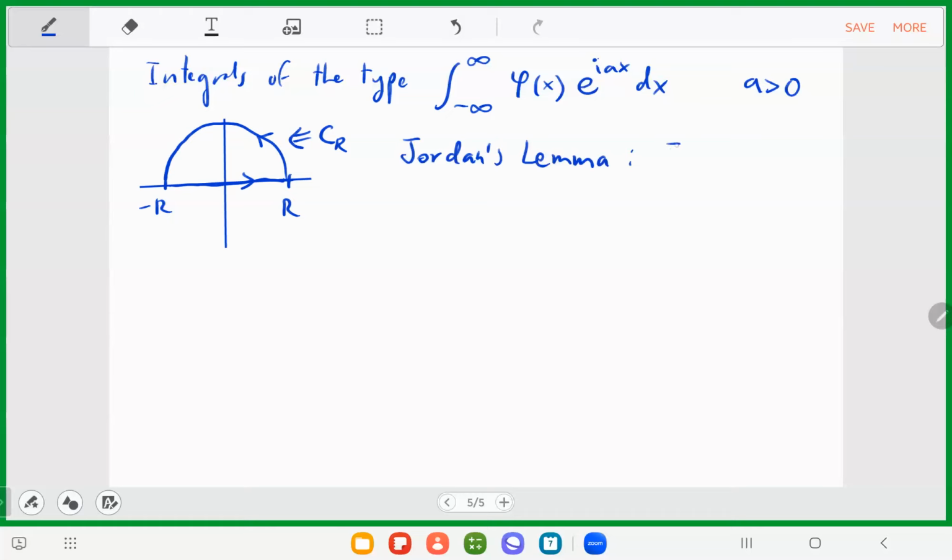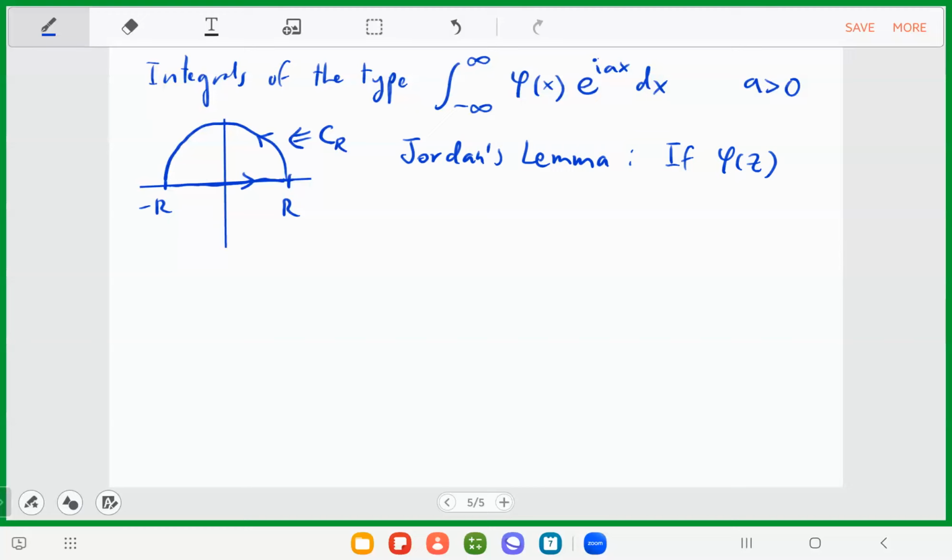So Jordan's lemma says, if I have a function, a real function phi, Jordan's lemma is for the complex variable function phi, which is going to be the same function but evaluated on the complex plane.